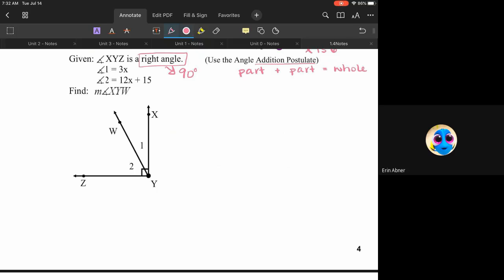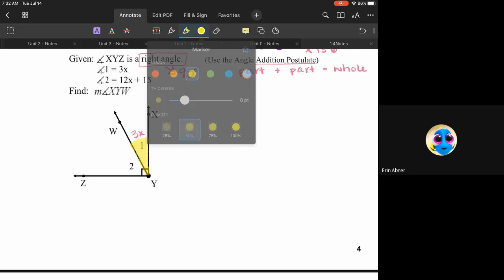So I'm not going to draw out the same example like I did with the segments, with the angle. We are just going to operate with the visual that they give us here. So it says angle 1 is 3x. They said that this in here is 3x.